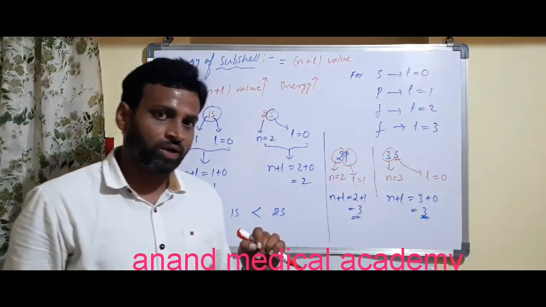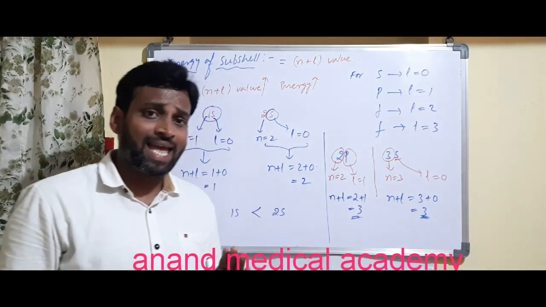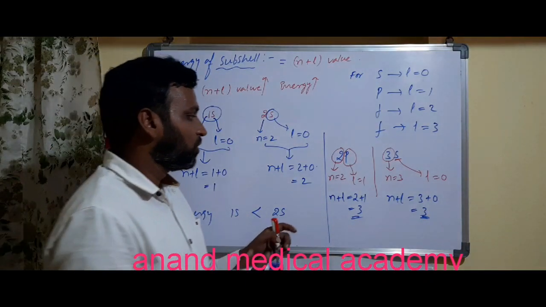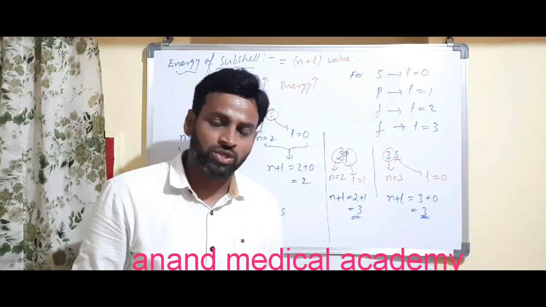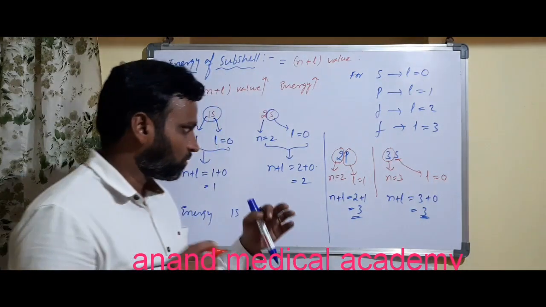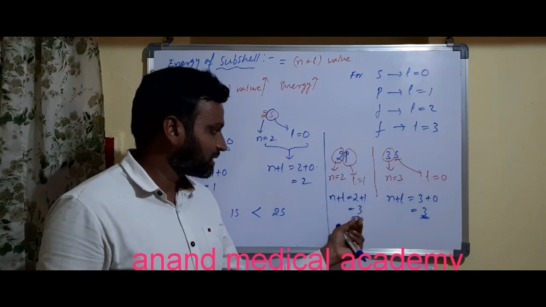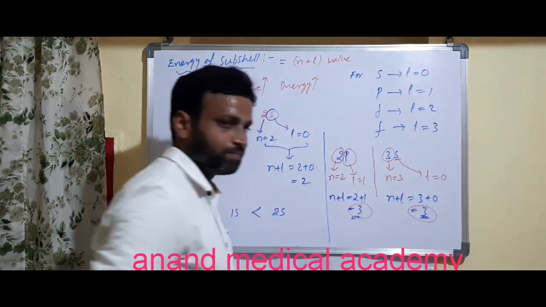I was given one clarity: if two subshells have the same n plus L value, then how to decide which has more energy and which has less energy? Once again, 2p and 3s have n plus L values of 3 and 3.